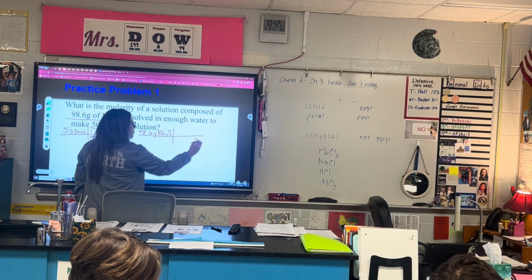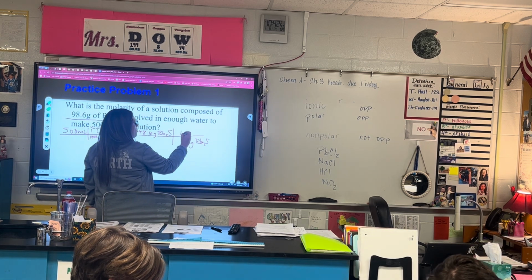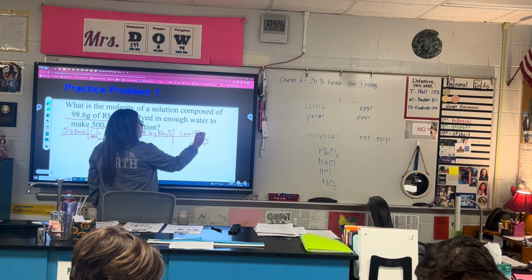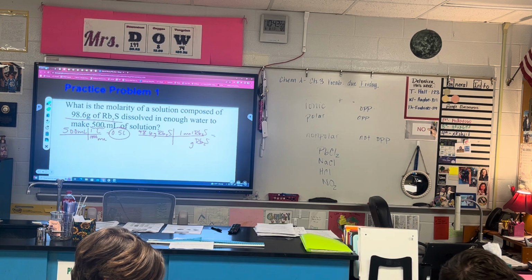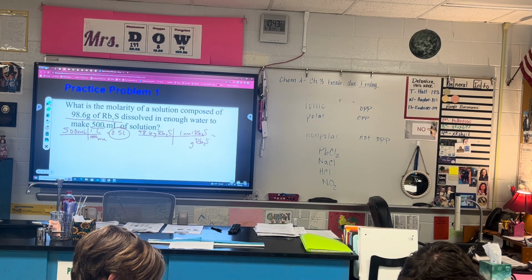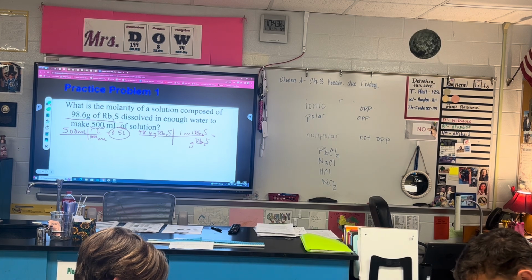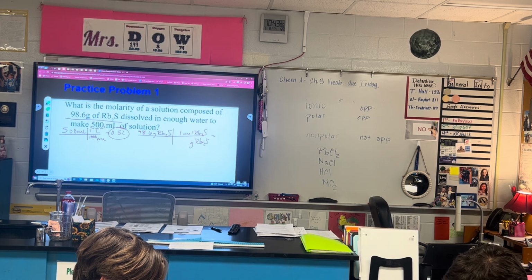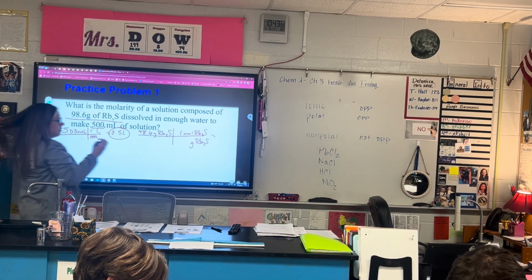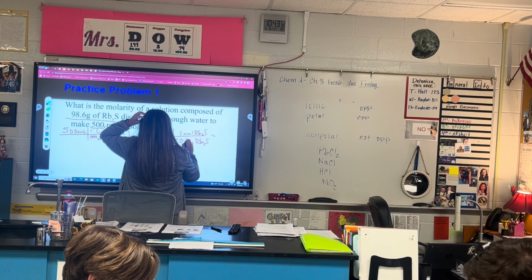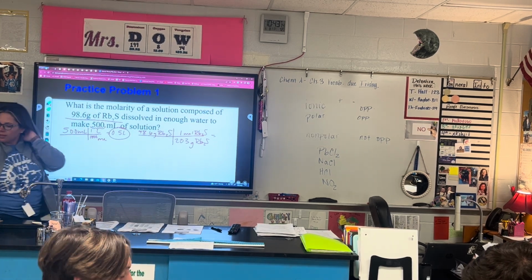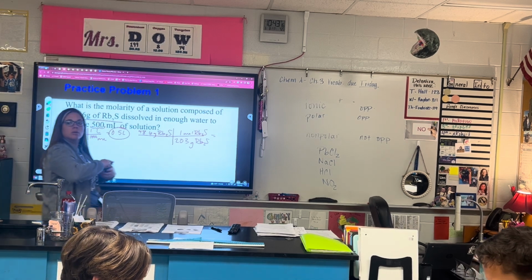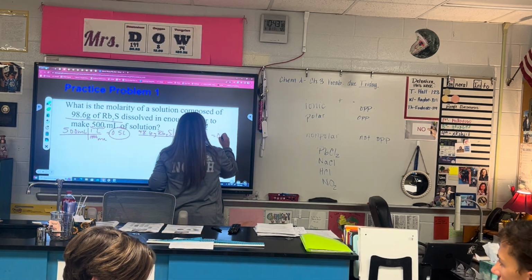So our grams of Rb2S for our 1 mole of Rb2S. Anybody got the mass of Rb2S? 203. Yes. So 98.6 divided by 203? 0.48 or 0.49.